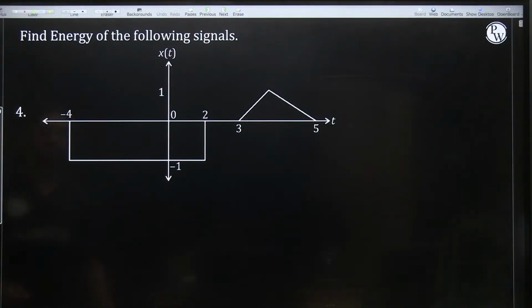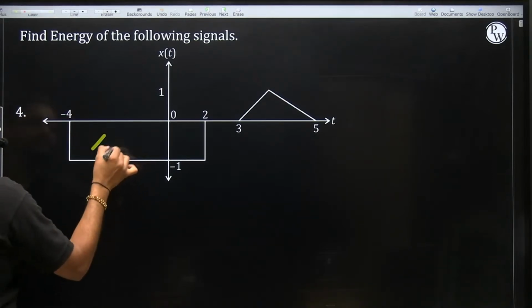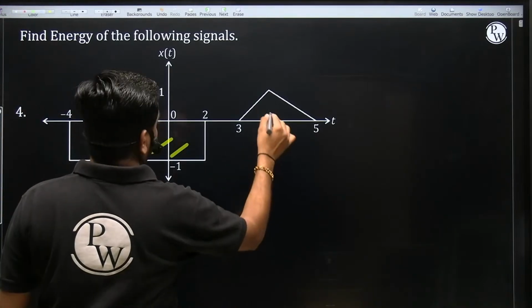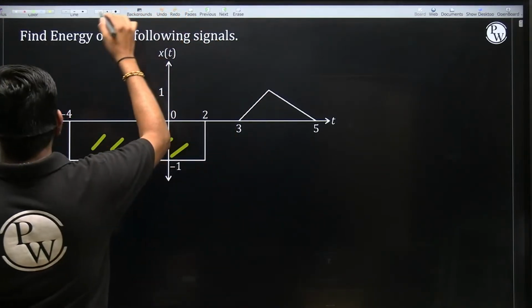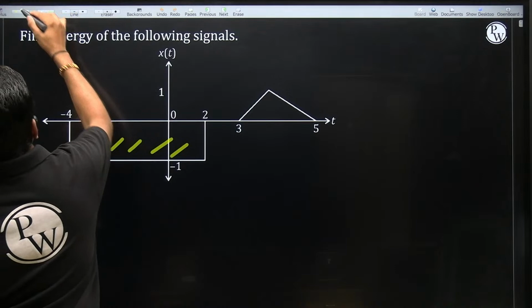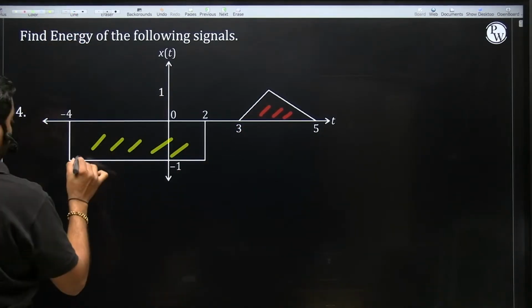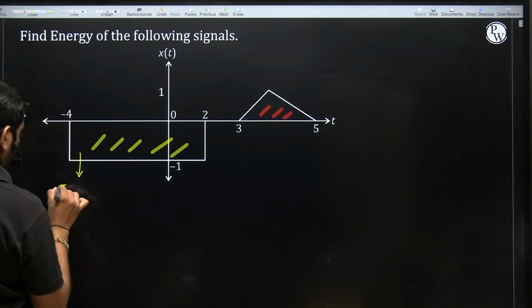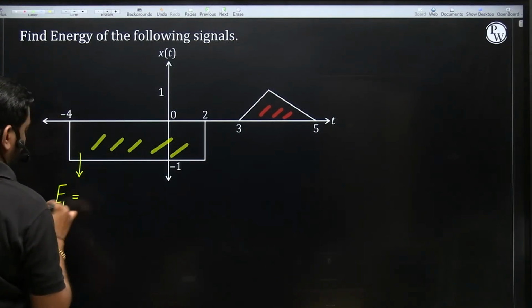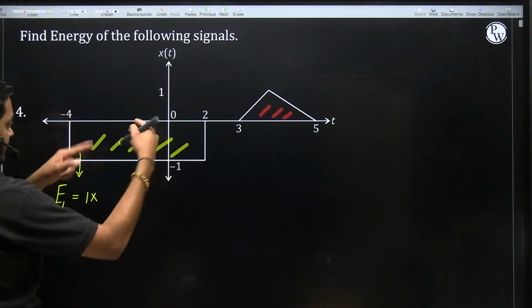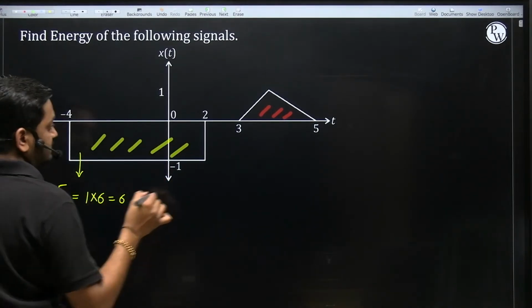Now tell me this one. This is very much easy. This rectangle function you can take, and this triangle function you can consider. So the energy of the first signal, E1: A squared into width, so 1 squared into width 6, so it is 6.